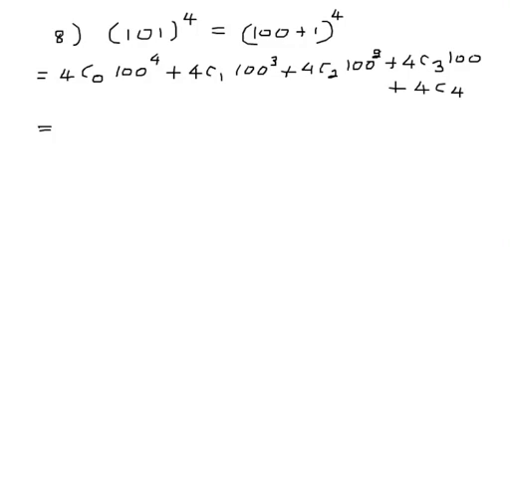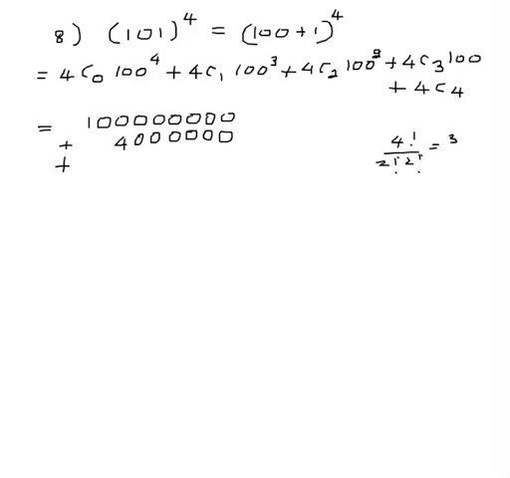4c0 is 1. So 100 power 4. And then 4c1 is 4. 100 cube. Plus 4c2. 4c2 is 4 factorial by 2 factorial into 2 factorial.